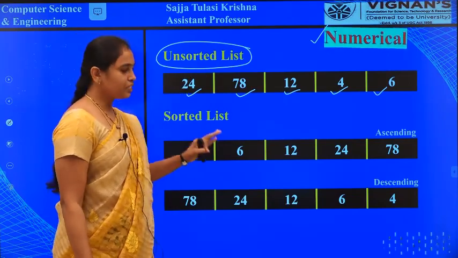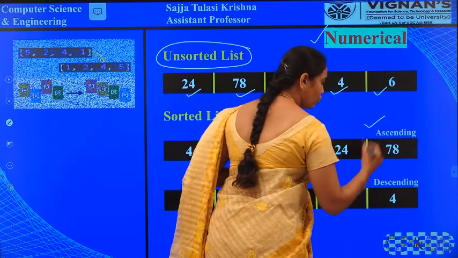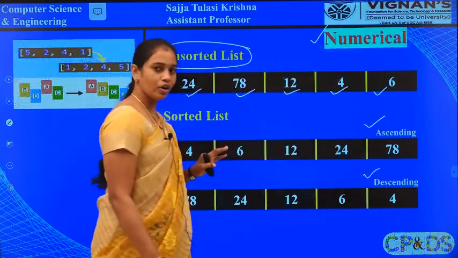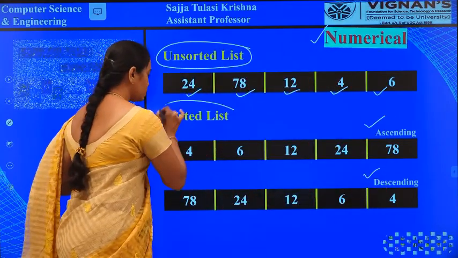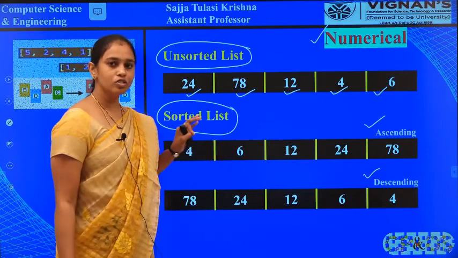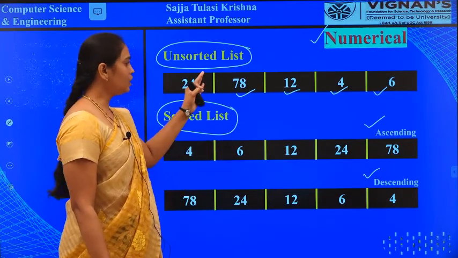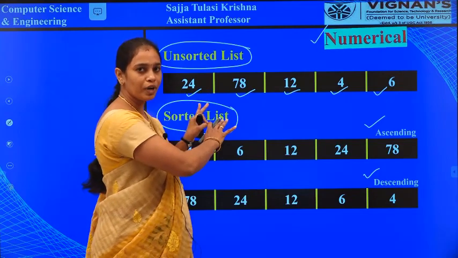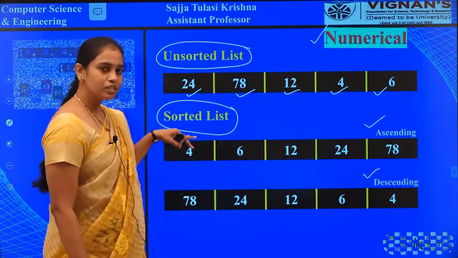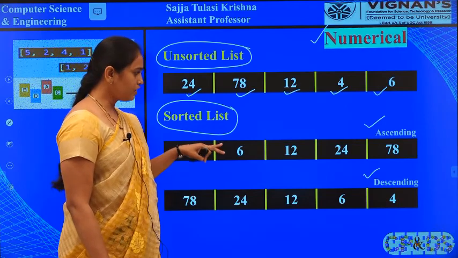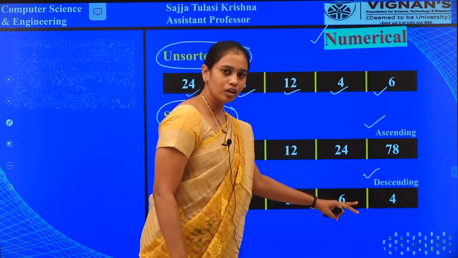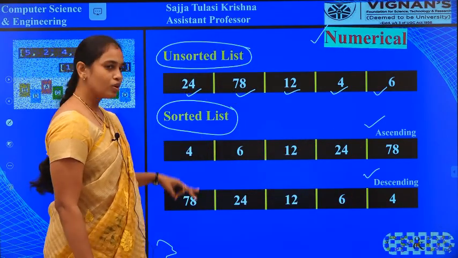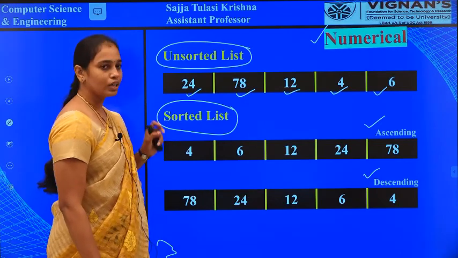After arranging either in ascending or descending order, those lists are called sorted lists. Unsorted list means the data is not arranged in any proper order. Sorted list means the data is arranged either in ascending order or descending order.